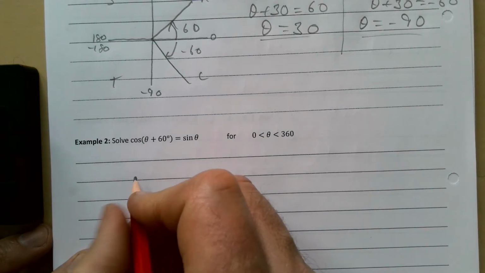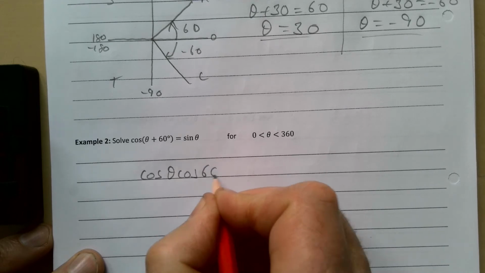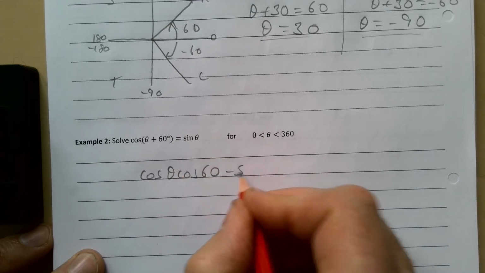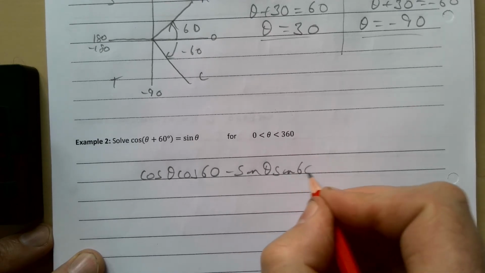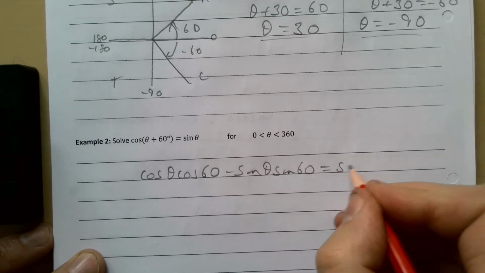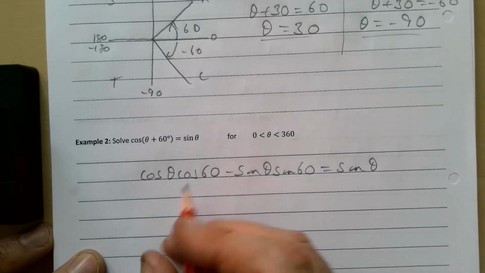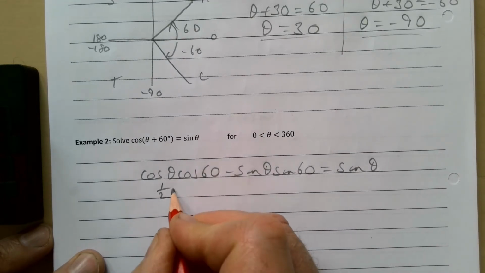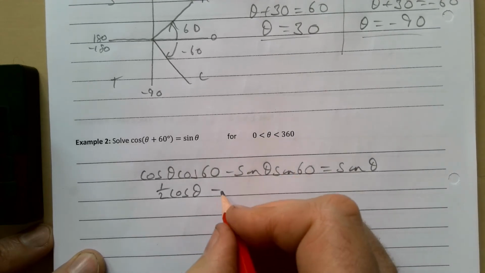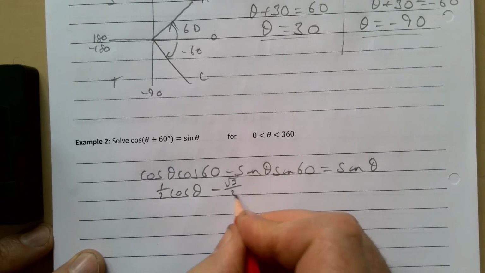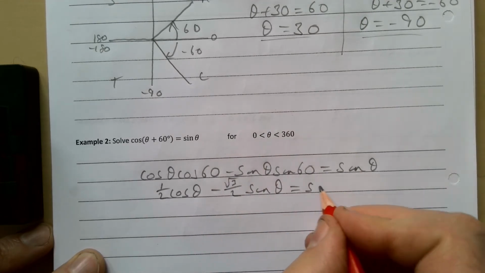So cos theta cos 60 minus sine theta sine 60 equals sine theta. Cos of 60 is a half, so it's going to be a half cos theta. Sine of 60 is root 3 over 2. Sine theta equals sine theta.